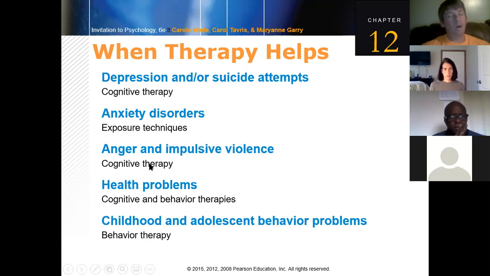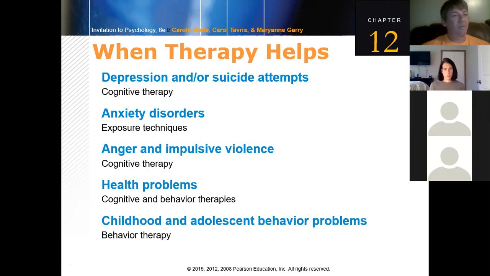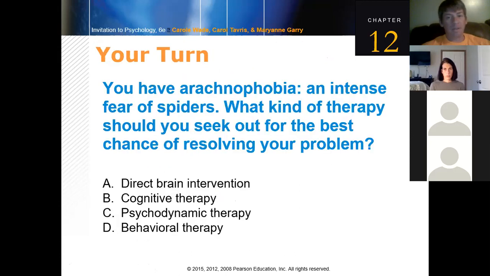If it's impulsive, you want people to stop for a minute and think before they act. Health, you want them to change their behaviors and understand what's reinforcing those behaviors. And for childhood and adolescent behavior problems, you want to use behavior therapy, behavior modification: reinforce the good behaviors and punish the bad ones.